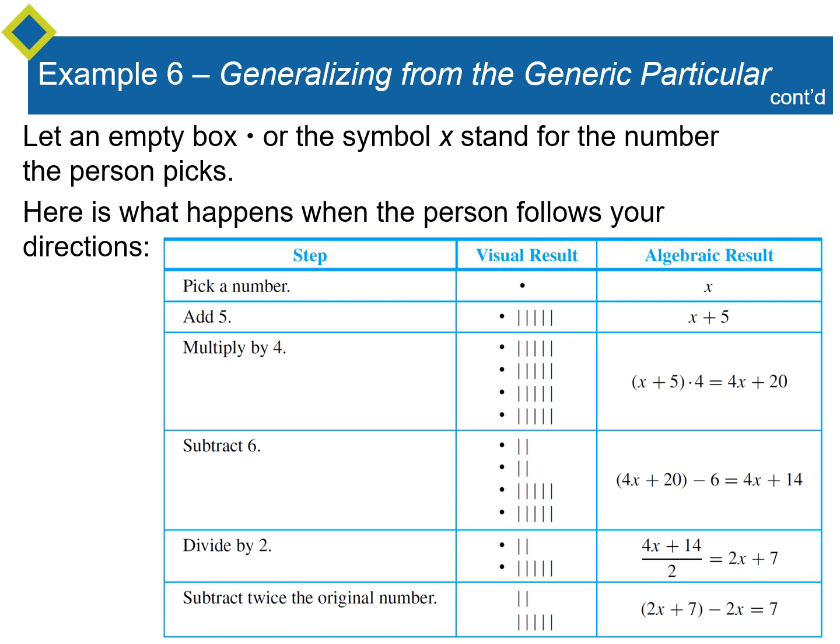Multiply by 4, so x plus 5 times 4 equals 4x plus 20. Okay, and subtract 6, so minus 6, comes to 4x plus 14, divide by 2, and subtract twice the original number. Okay, go to 7.